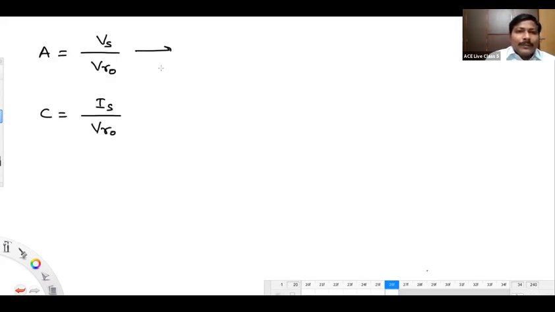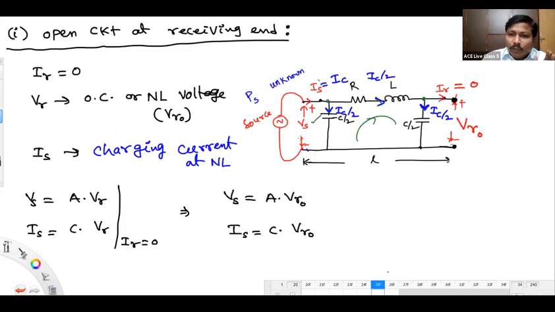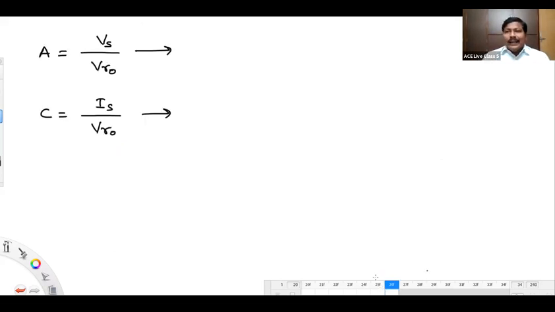What's the name of this parameter A, and the name of this parameter C? Just listen here. Input voltage by output voltage, Vs by VR0. Generally, output by input is called gain.